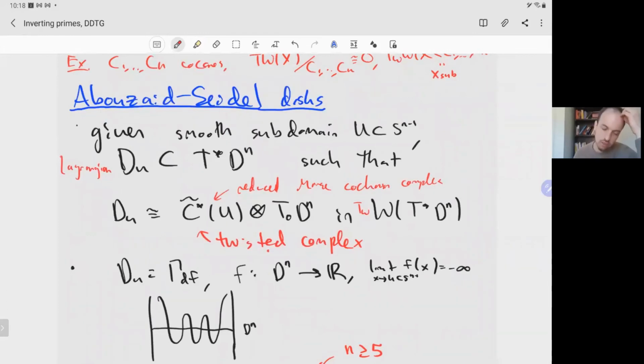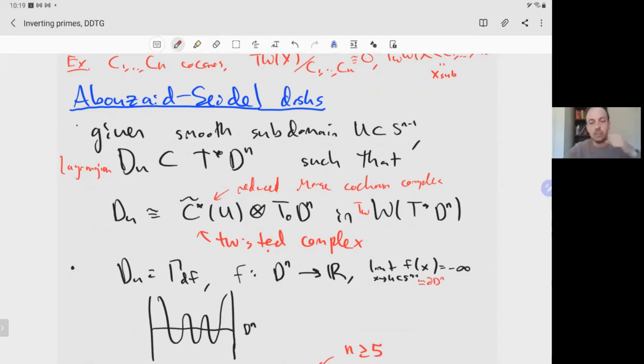And let me say a few words about what D_U actually is explicitly. D_U is the graph of the differential of a function f from D^n to R, and this function basically goes either to positive or negative infinity as you approach the boundary of the disk.